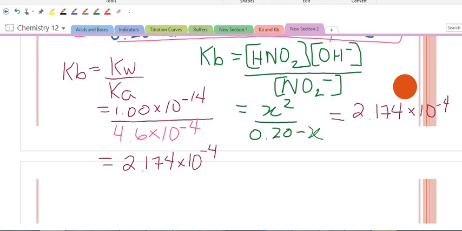And we have to solve for x. But again, you see we have the same little problem of having x squared on top and an x on the bottom. Okay, and again, we can say that this is negligible for the same reasons as yesterday.